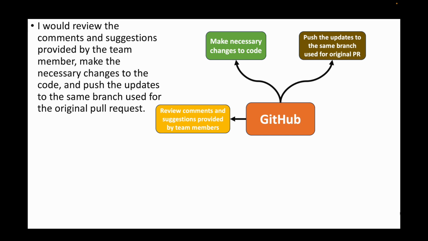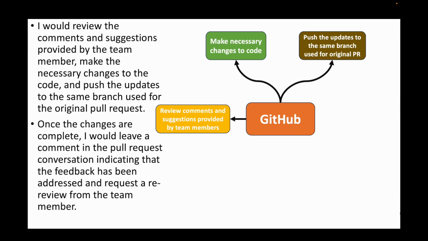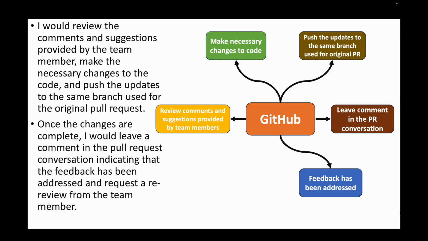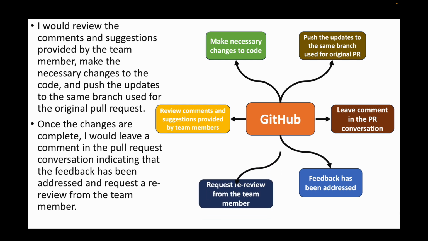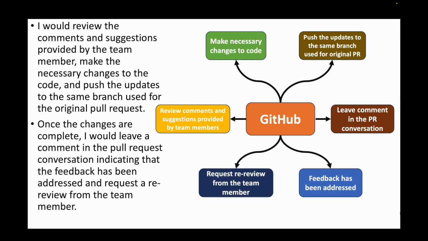So basically, we can update the pull request telling that we have made the necessary changes. So once the changes are complete, we will be leaving a comment in the pull request conversation indicating that the feedback has been addressed, and then request a re-review from the same team member.